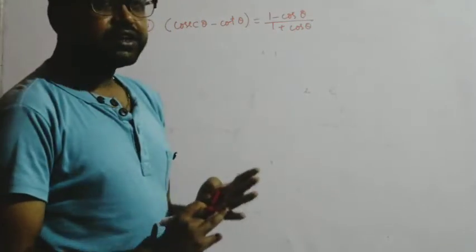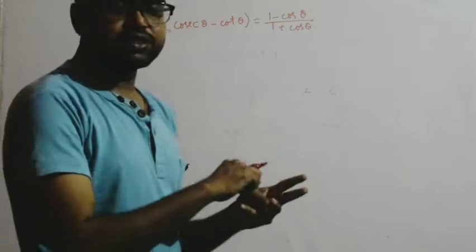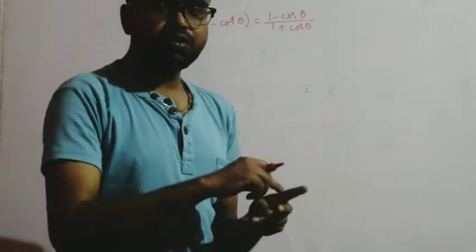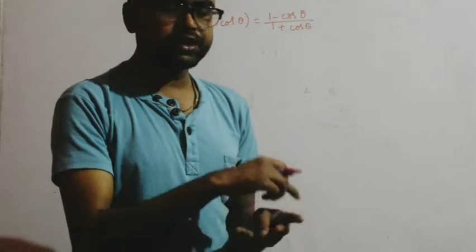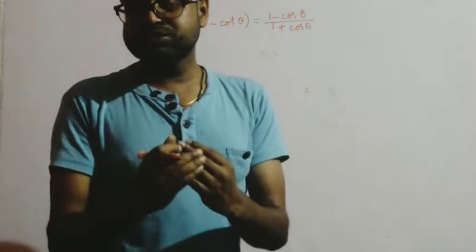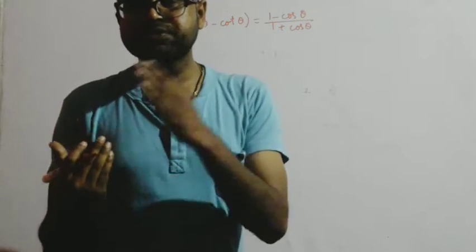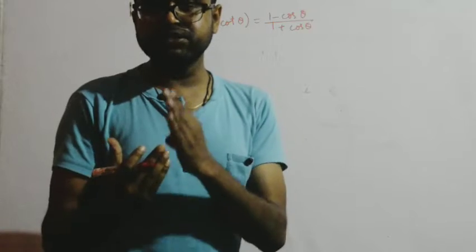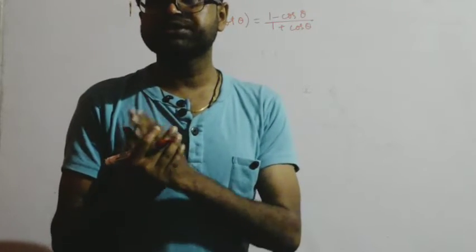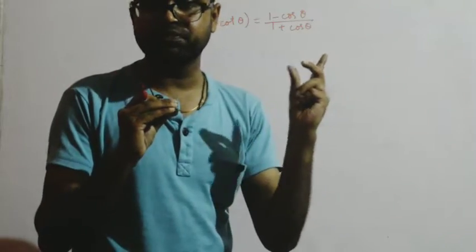So these are the three identities and the 6 basic ratios, and also the relations: sine and cosec are reciprocal of each other. Cos and sec are reciprocal of each other. Tan and cot are reciprocal of each other. And tan is also the ratio of sine and cos. Cot is the reciprocal of tan, so that means cot is the ratio of cos and sine. So these things you have to remember before proceeding to this type of question.